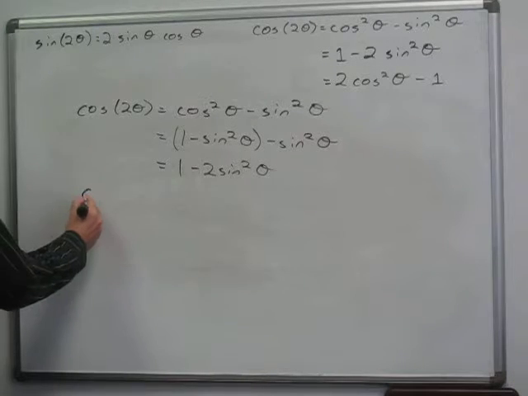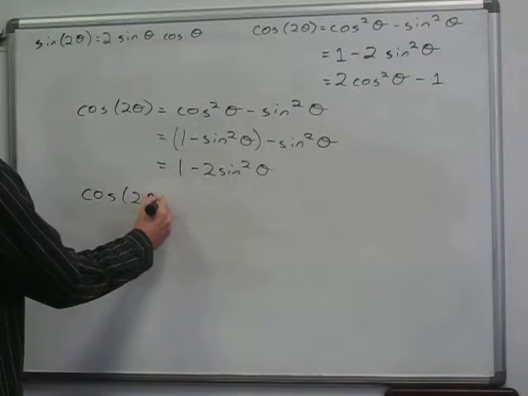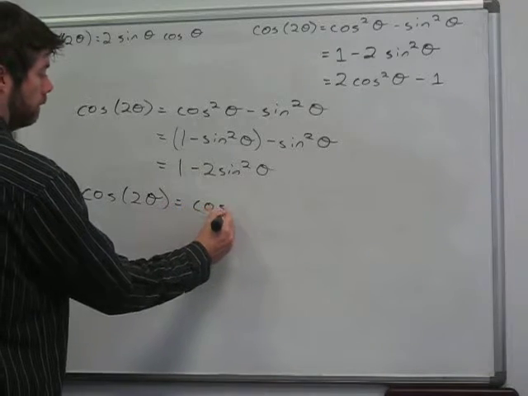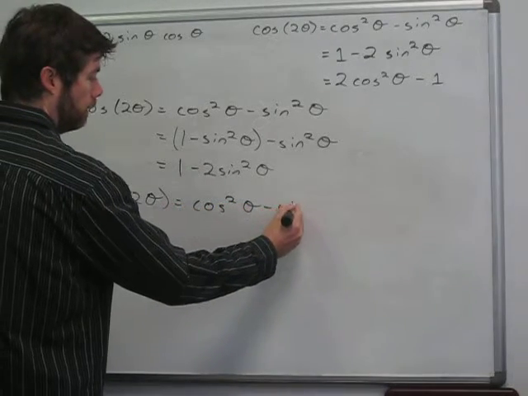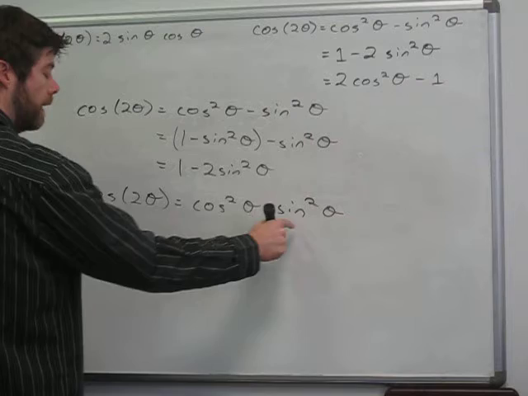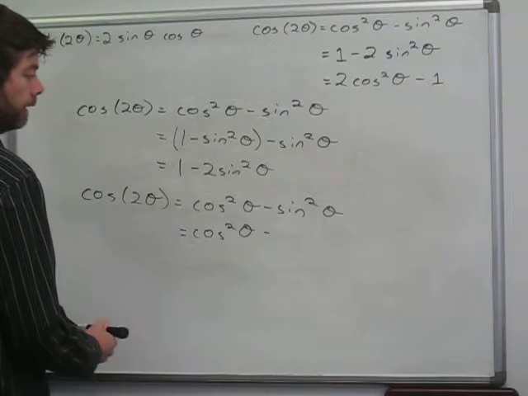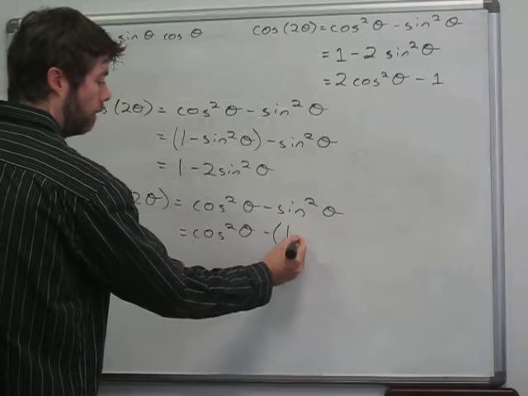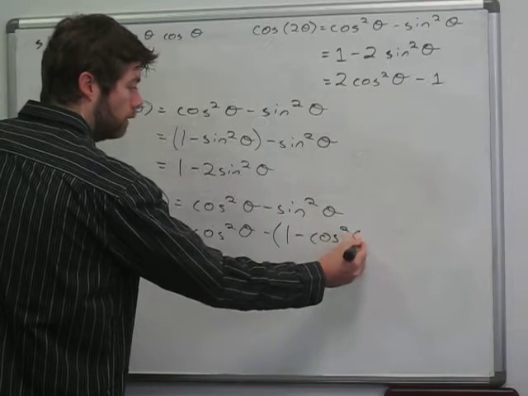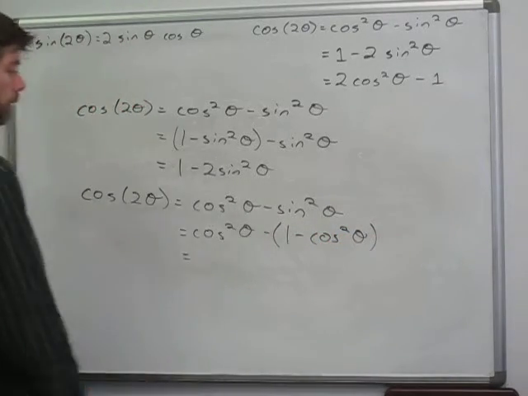The other formulation, I'm going to substitute into sine squared using the Pythagorean identity. So I'm going to substitute in 1 minus cosine squared theta.